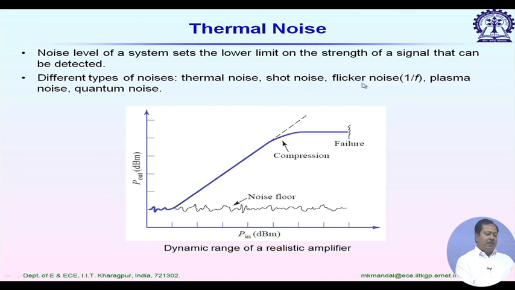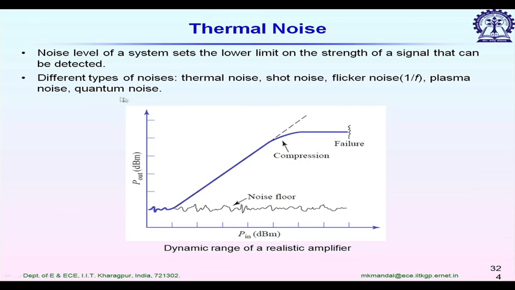Then we have flicker noise. This noise varies inversely with frequency. At millimeter wave frequencies, the effect of flicker noise is negligibly small. Then we have plasma noise. Let's say we are sending some millimeter wave signal through the ionosphere or some charged medium. In that case, the charged particles will also vibrate due to thermal agitation, and due to that we have some contribution of noise.